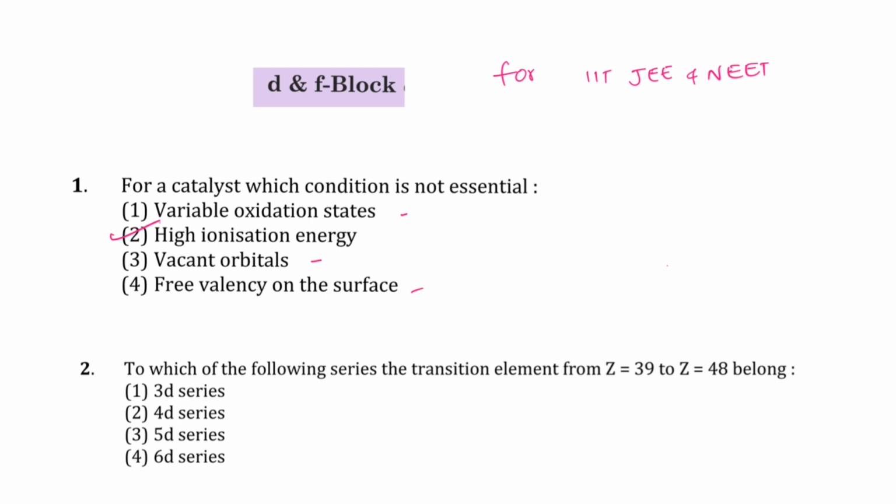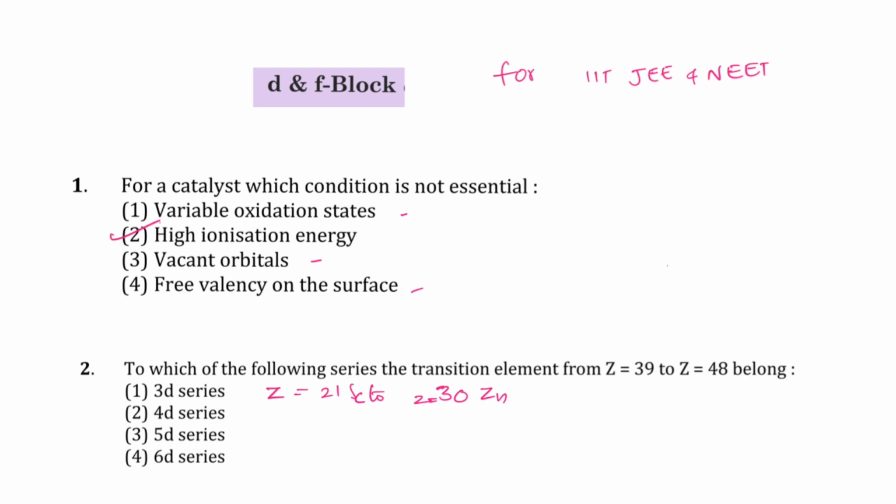Then the second question: to which of the following series does the transition element Z equal to 39 to Z equal to 48 belong? The 3d series elements are Z equal to 21, which is scandium, to Z equal to 30, that is zinc.